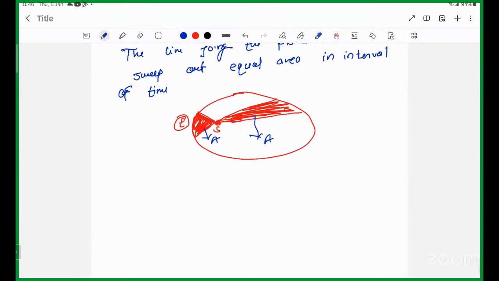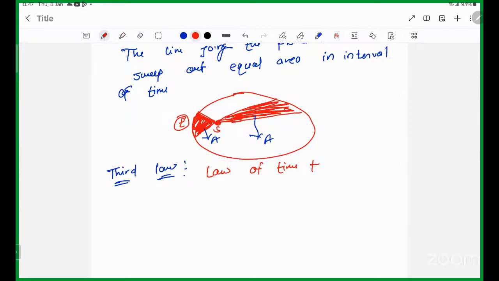So the third law states the law of time period. We call it the law of time period.